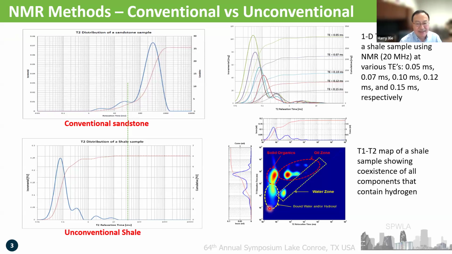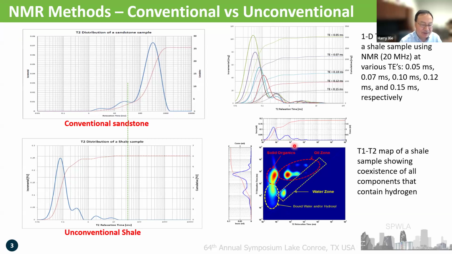If you look at the peaks on the T1 side, you have one peak at about 1 or 2 milliseconds, and another just below 100 milliseconds. So you can tell this is the oil signal and this is the water signal.